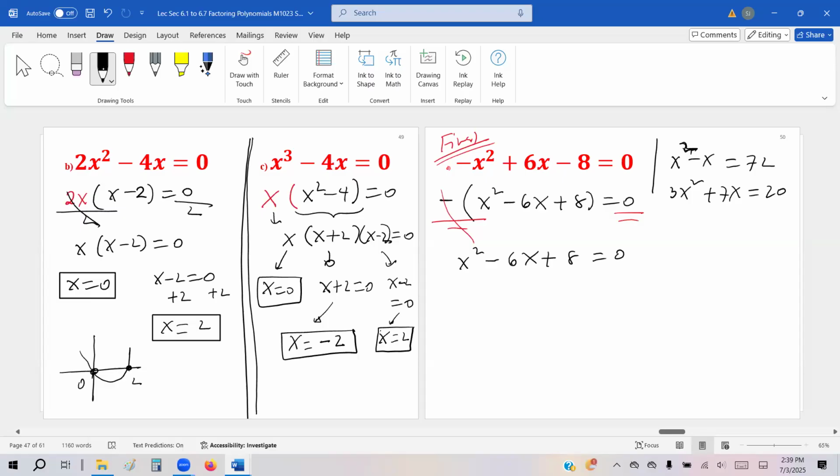Direct factoring. We cannot use GCF because there isn't anything in common. So what else can we do? How do we factor it? You forgot about factoring.